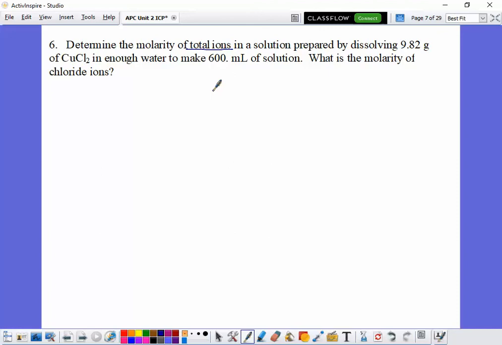Well, what do you think we should figure out first? The moles of the 9.82 grams. Yeah, the 9.82 grams, let's convert that to moles. That's a good way to start. When in doubt, go to moles. So we need the molar mass of copper 2 chloride. 134.45.